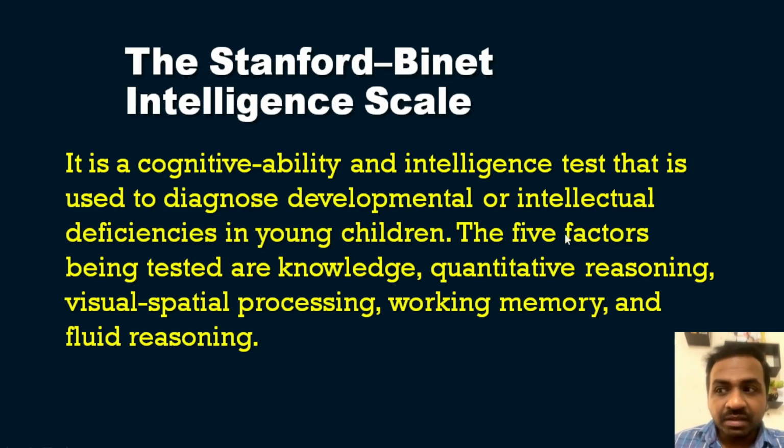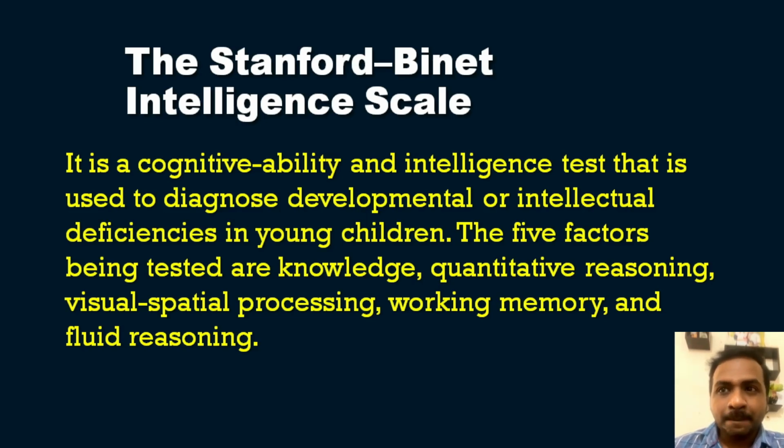Okay, so here the 5 factors being tested are, first one is knowledge, then quantitative reasoning, then visual and spatial processing, then working memory and fluid reasoning. So these are the things that are tested in the Stanford-Binet intelligence scale. So this is also widely used but not for the older adults. Okay, so the question was regarding adolescents and adults.